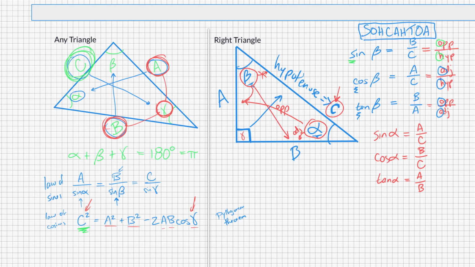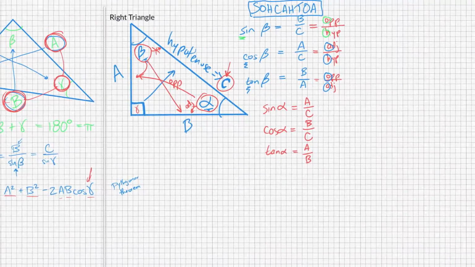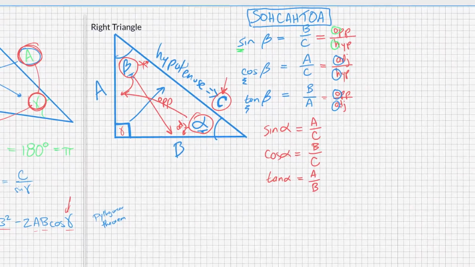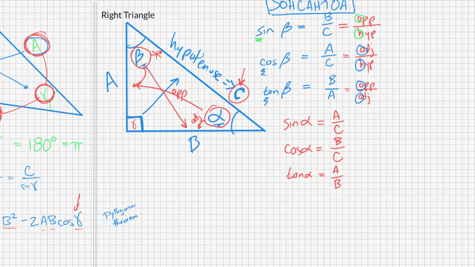The cosine of a 90 doesn't really make a whole lot of sense. There is no adjacent to this angle, or hypotenuse. However, if you plug it into your calculator, it will tell you that the cosine of a 90-degree angle is 0.